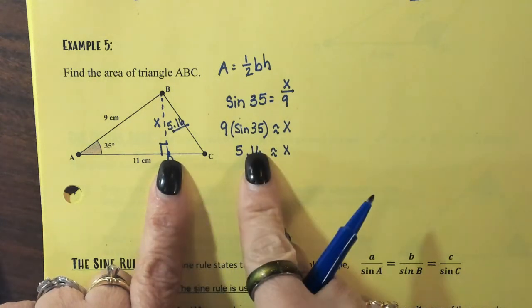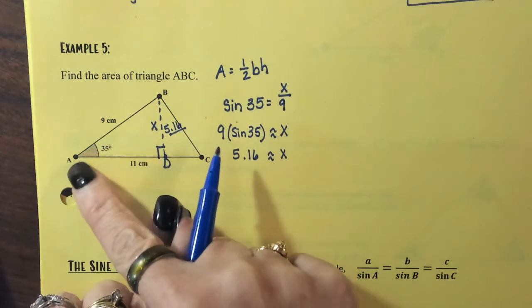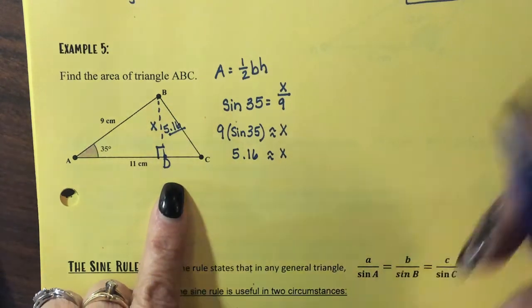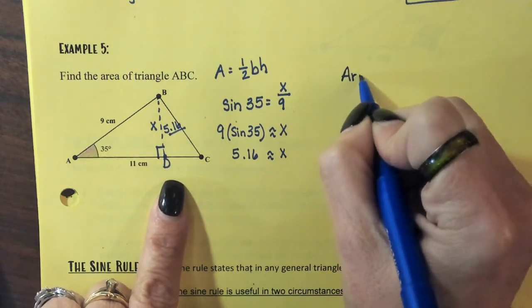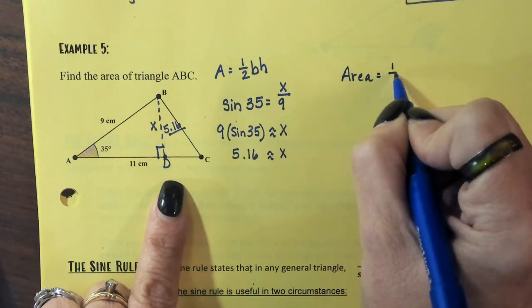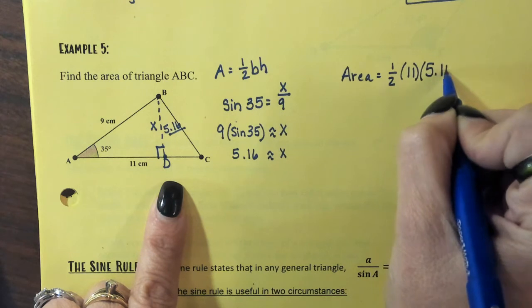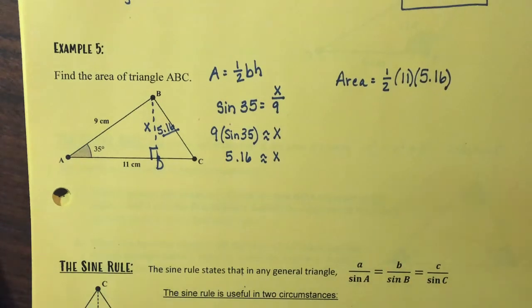Alright, so the area of a triangle is 1/2 the base, which is 11, times the height, which is 5.16. So area equals 1/2 the base times the height. Alright, here we go.